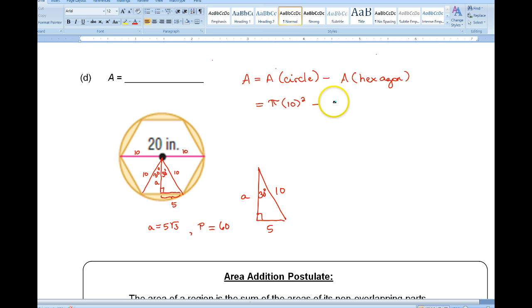Good. So now it's 1/2 the whole thing. Because what are we trying to find the area of? That's why I put the little names inside. We're finding the area of the hexagon, so we have to use 1/2 perimeter times the apothem. The perimeter is for the hexagon. So we have 100 pi minus 150 root 3, and then what do we get?